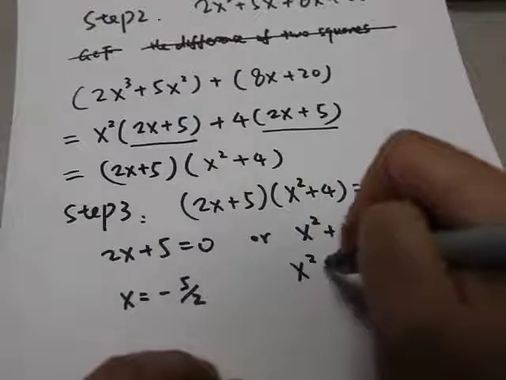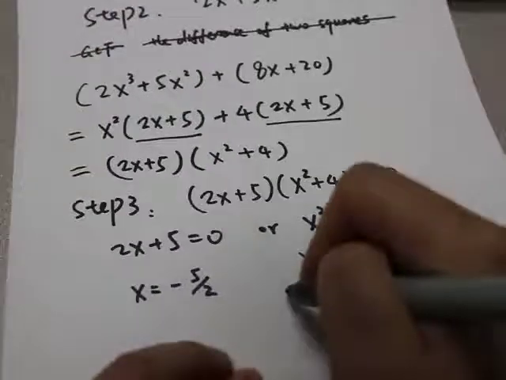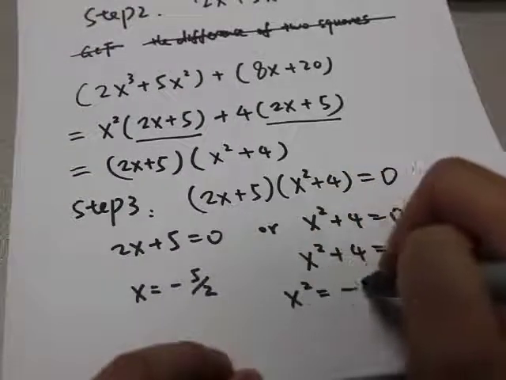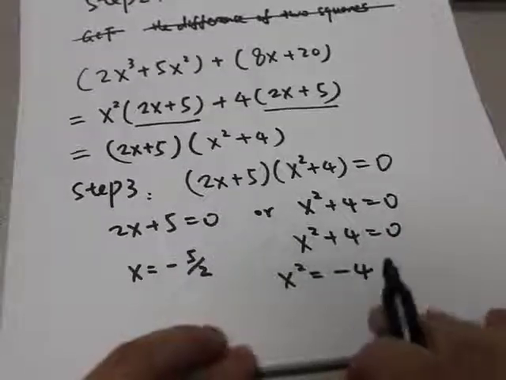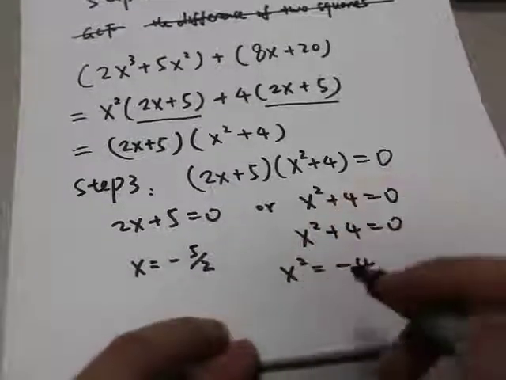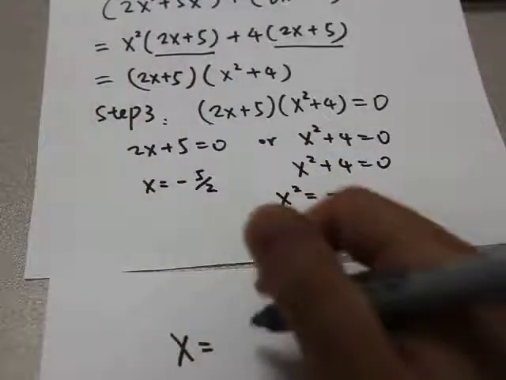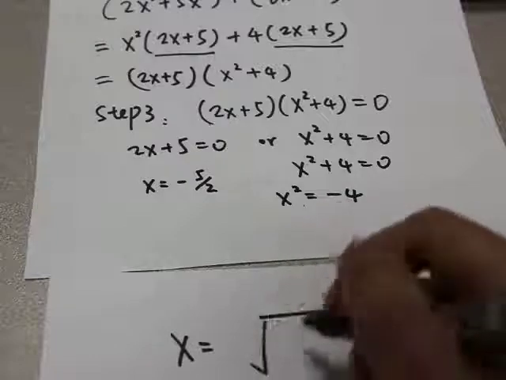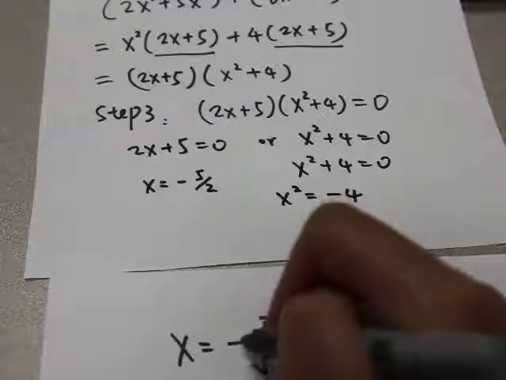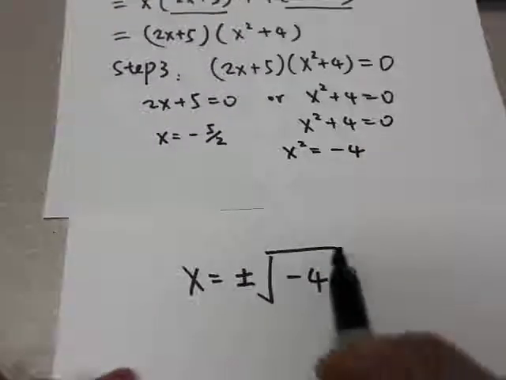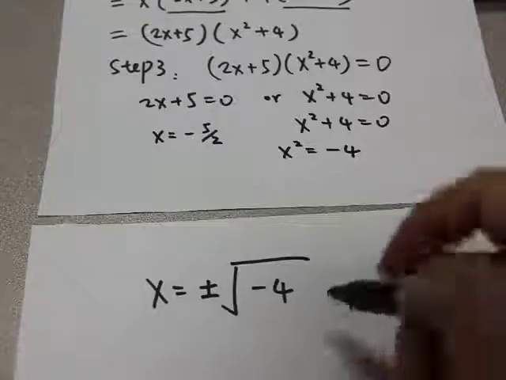So x squared plus 4 equals 0. If I write x squared equals negative 4, and then I take the square root, I will get x equals the square root of negative 4, and remember it's positive or negative. And then how do we continue?